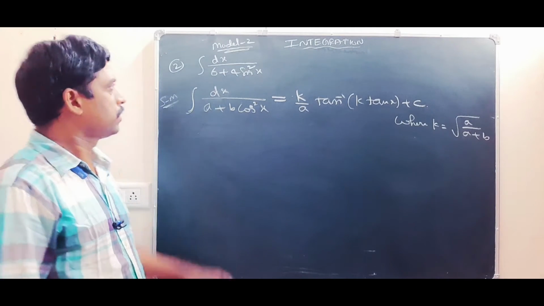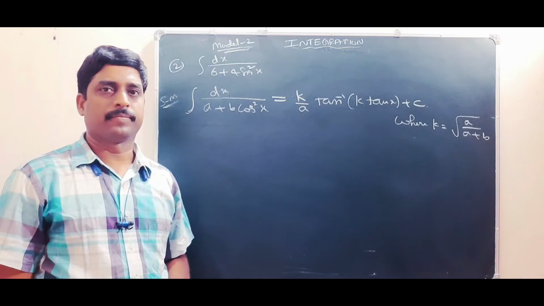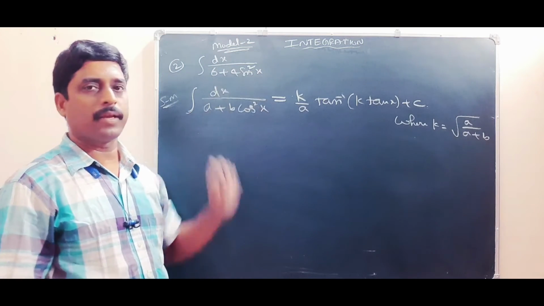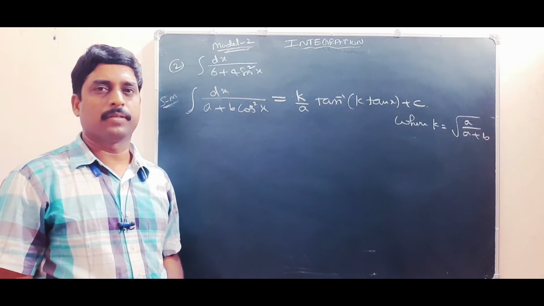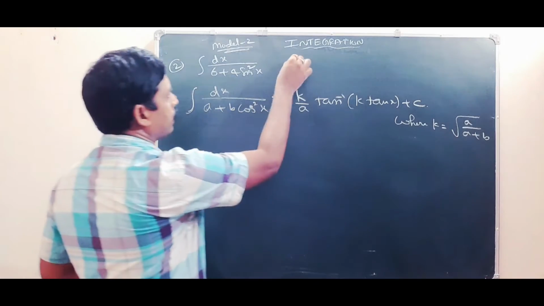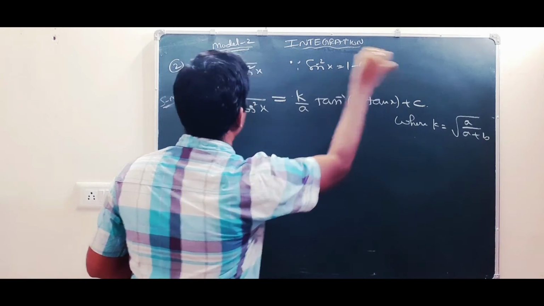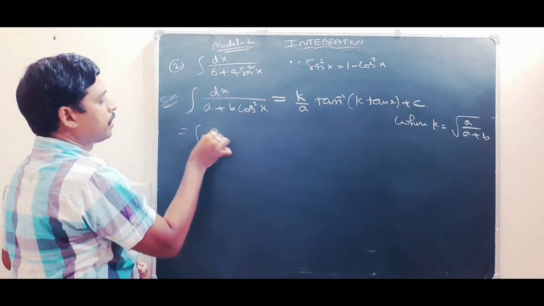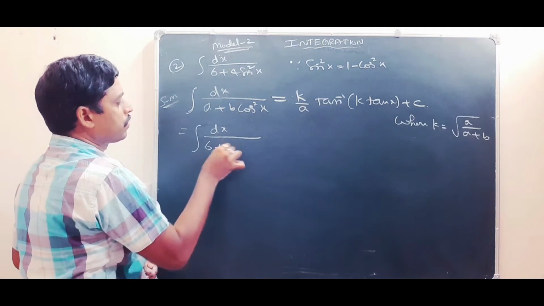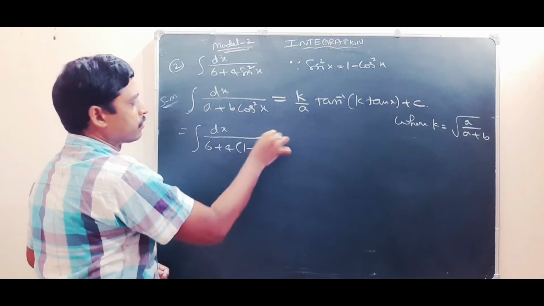Okay, moving to the next question. Integral dx by 6 plus 4 sin square x. Okay, in case of sin square x, we substitute the sin square x formula, 1 minus cos square x. It is going to be integral dx by 6 plus 4 times, write sin square x in place as 1 minus cos square x.